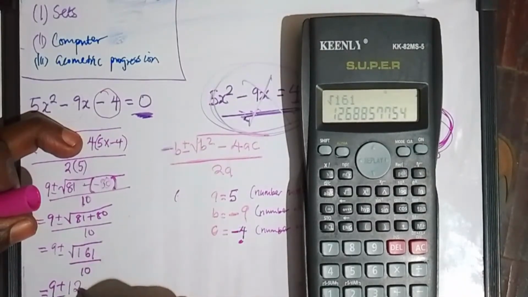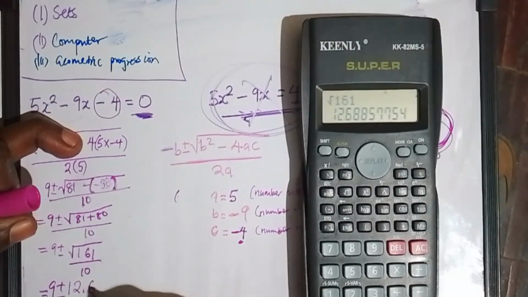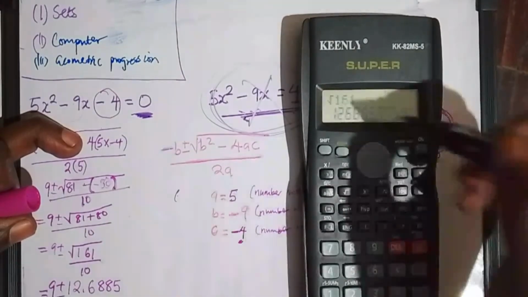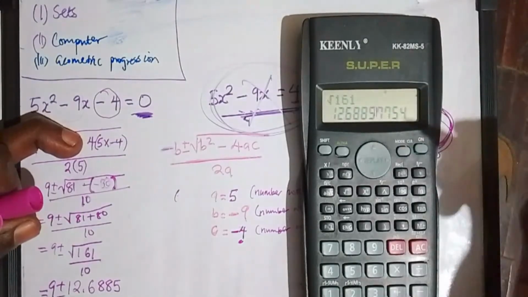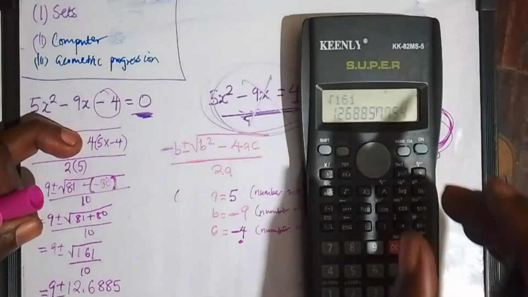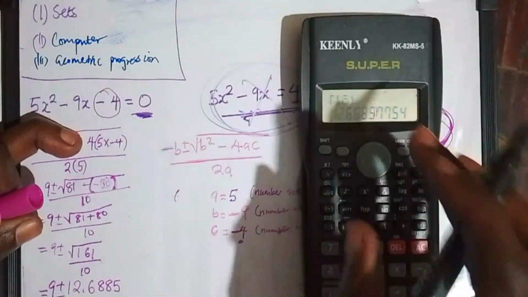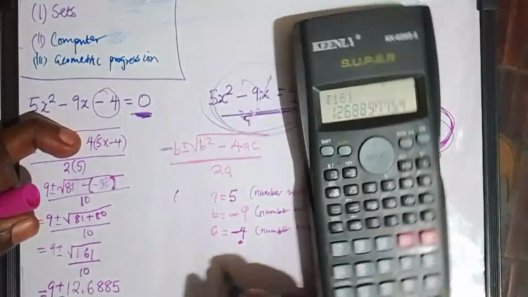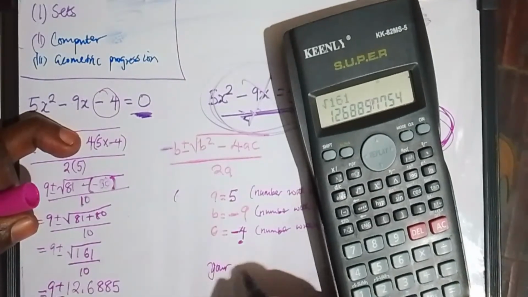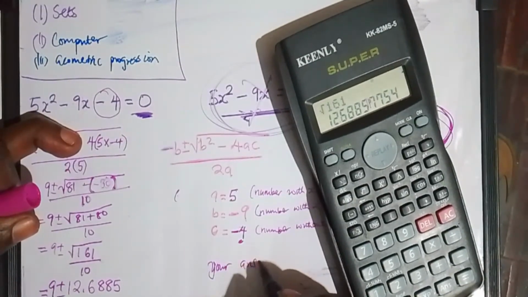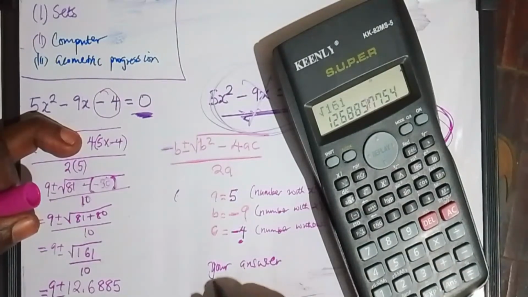We have 12.6885. You can end here after 4 significant figures, because this is paper 2, and in paper 2 they are strict. Your answer, always leave it to 3 significant figures.